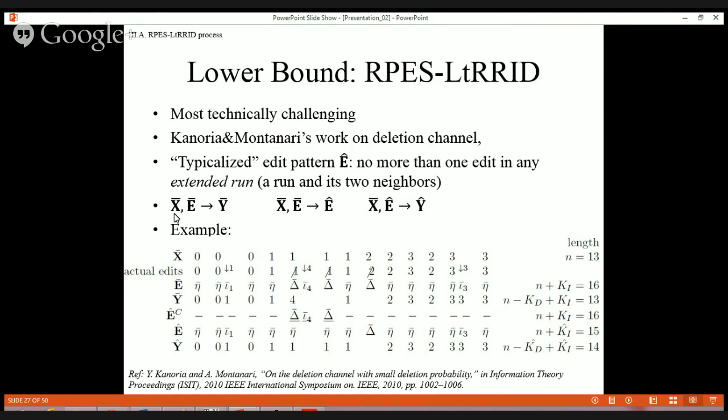So the pre-edit source sequence and the edit pattern will give the post-edit source sequence.